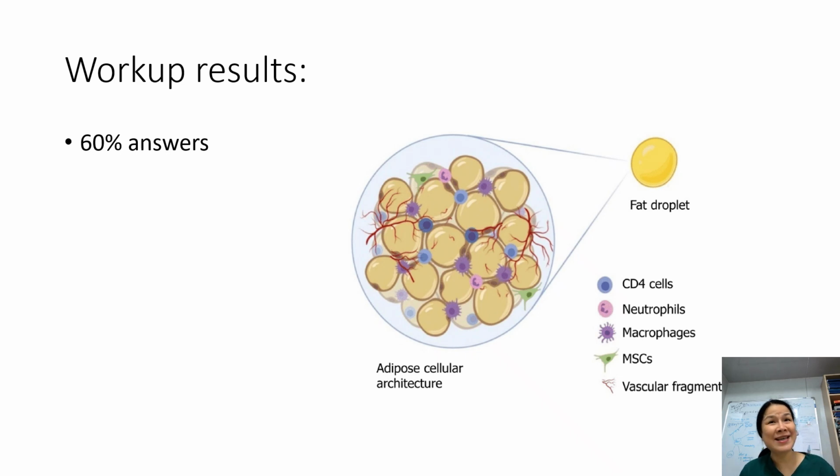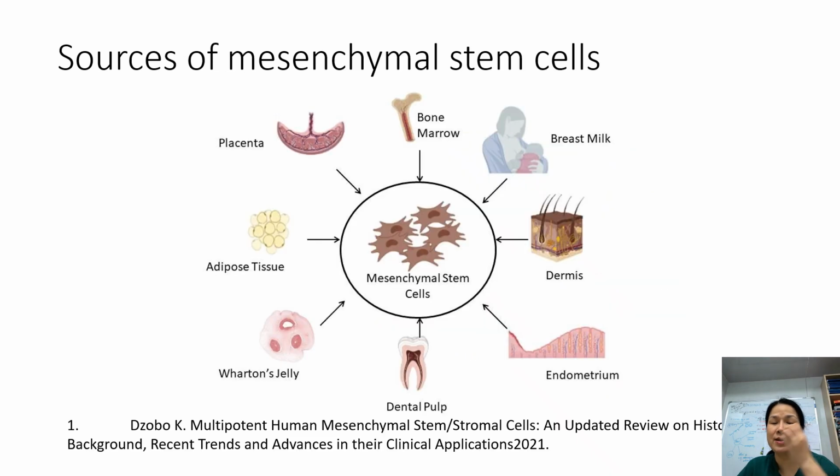So from our bellies or other fatty tissues in the body. As you can see, both of the answers you told me were correct. In fact, if we think carefully, we're going to find mesenchymal stem cells from other sources in the adult human body as well.